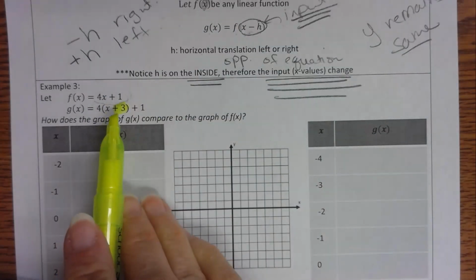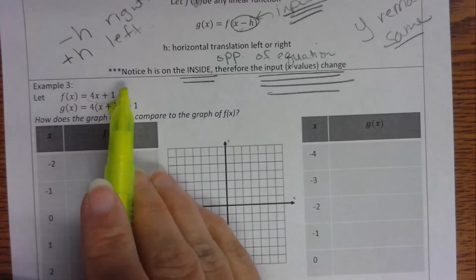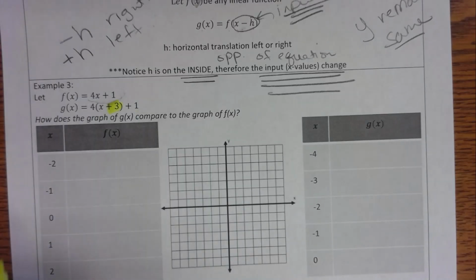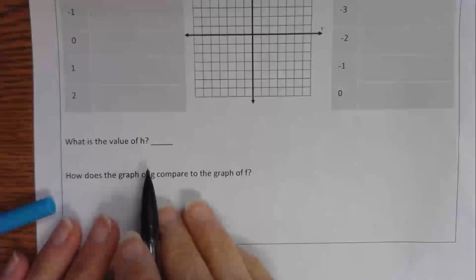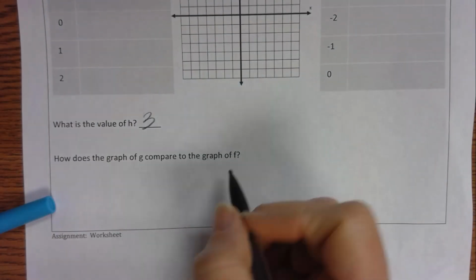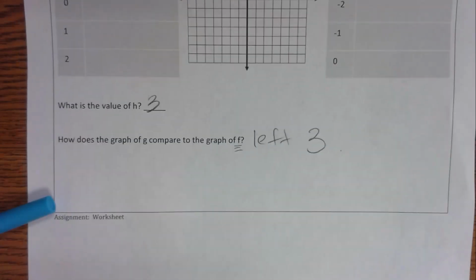Well, it's clearly on the inside. So it's plus 3. What's going to happen to the original function? Well, plus 3 goes to the left for horizontal. So this is going to go left by 3. So what's the value of h? It is 3. Therefore, our original function f will go left 3.